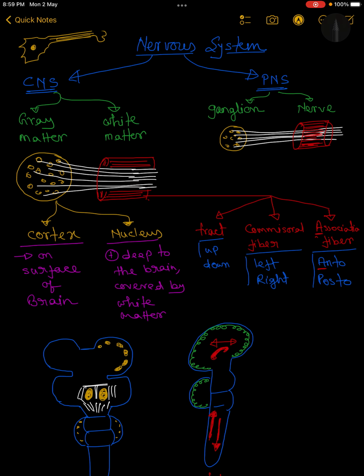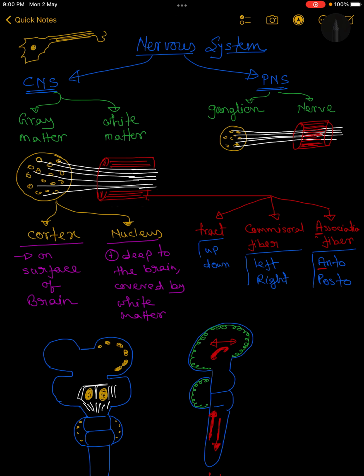Now let's focus on the white matter. What is white matter? White matter is the collection of axons. Here you can easily visualize these things.